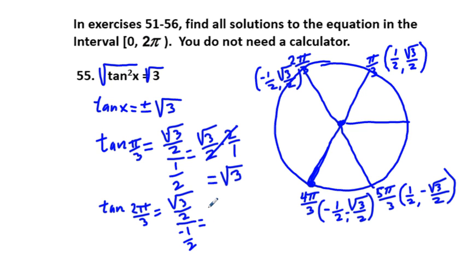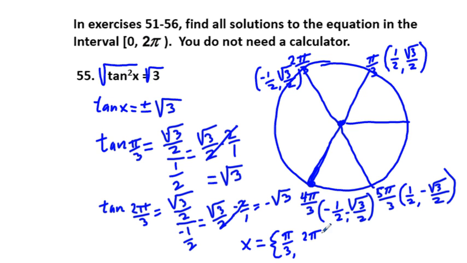And that's going to be square root of 3 over 2 times negative 2 over 1, or canceling, we're going to get negative square root of 3. And that's going to be the same for 5 pi over 3. So in this case, x is equal to each one of these points identified: pi over 3, 2 pi over 3, coming around to quadrant 3, we have 4 pi over 3, and in quadrant 4, we have 5 pi over 3.